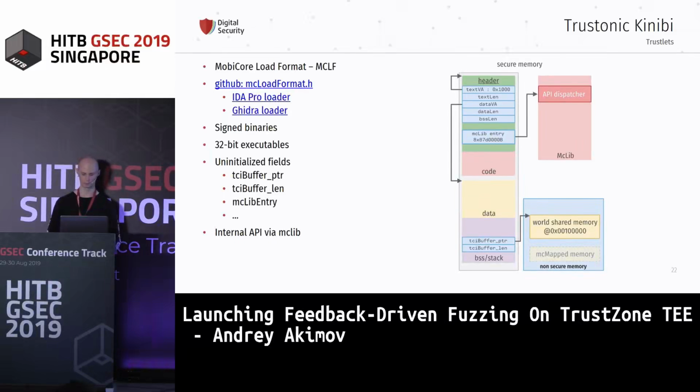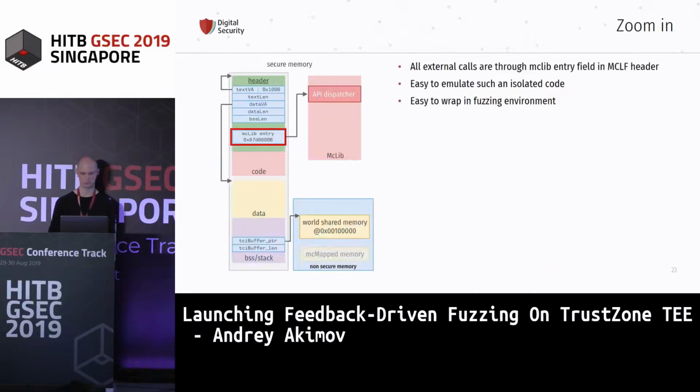The executable code inside is 32-bit, like all TEE is. The header also contains some uninitialized fields, for example, a pointer to TCI buffer, its length, and a pointer to the mclib entry point. This is the address of the code dispatching all internal API calls.